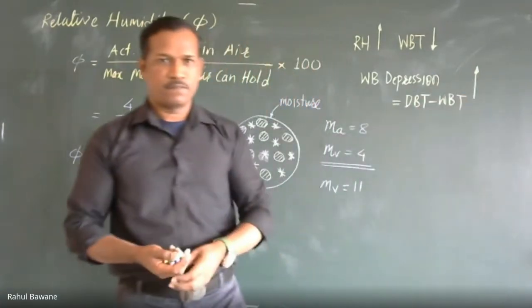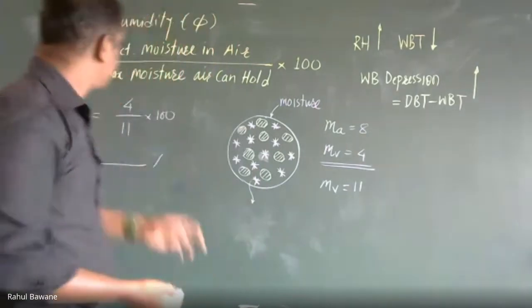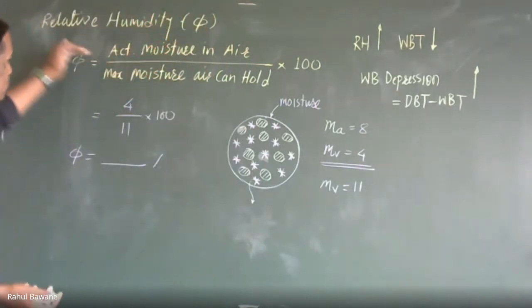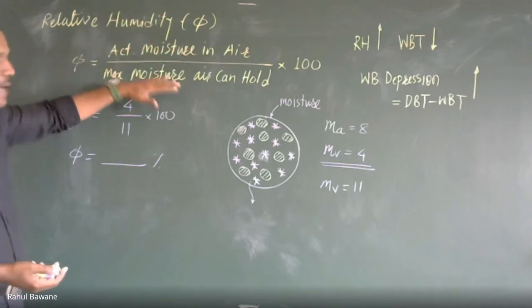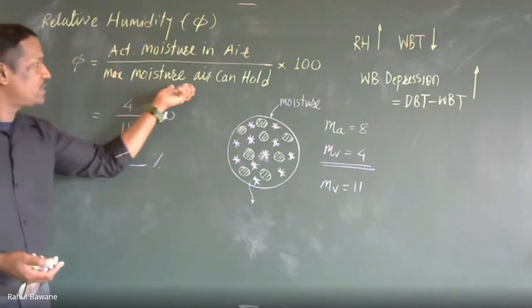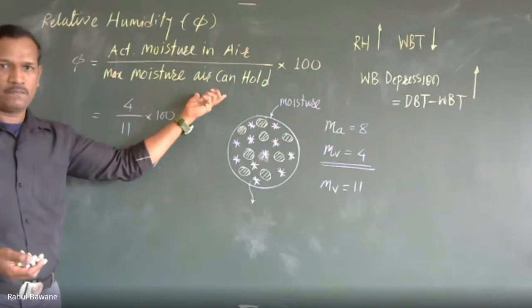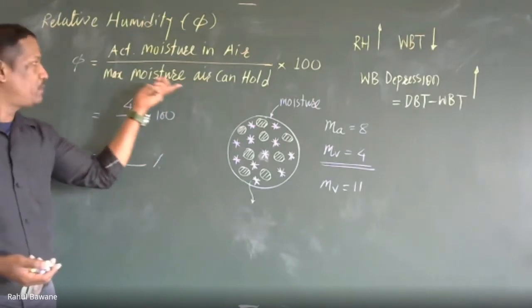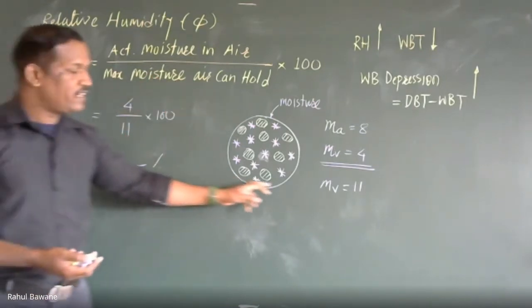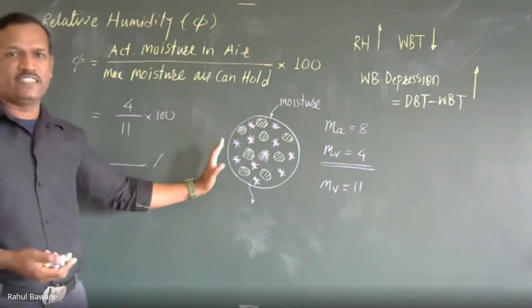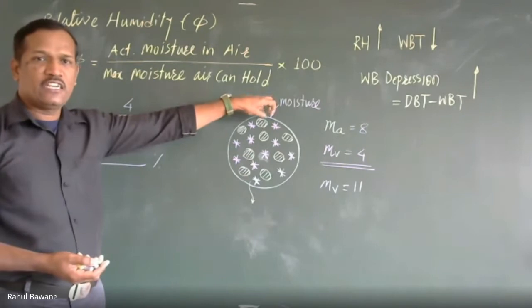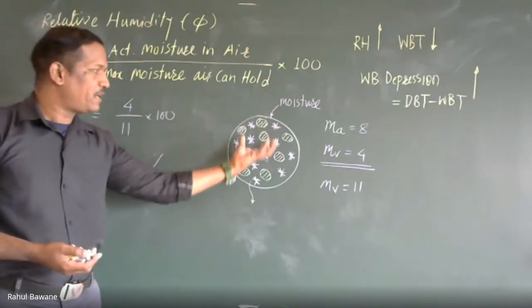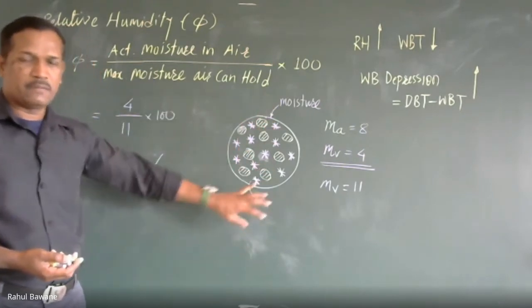So this is relative humidity, which shows the actual moisture content in air to the maximum possible moisture content in that air. And maximum possible moisture content means when air reaches a saturation condition. Saturation condition means when addition will not be accepted by the air, it becomes saturated.